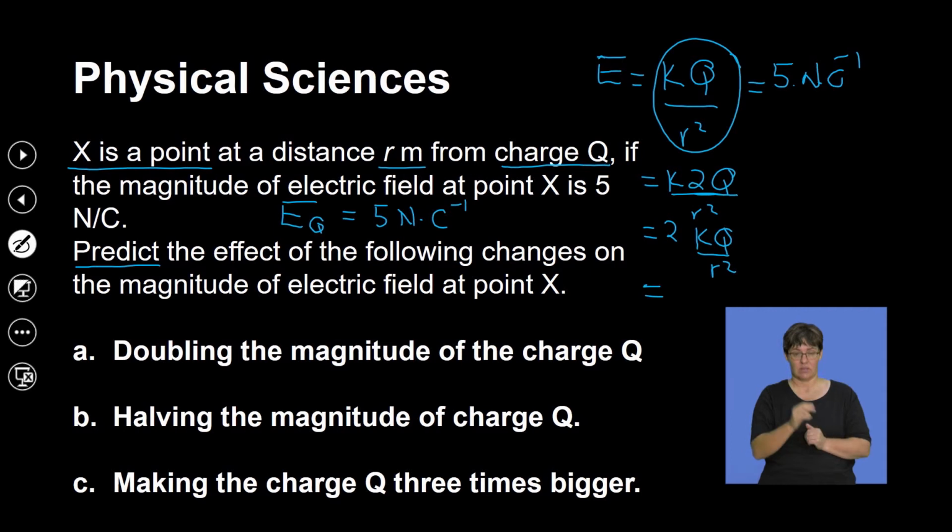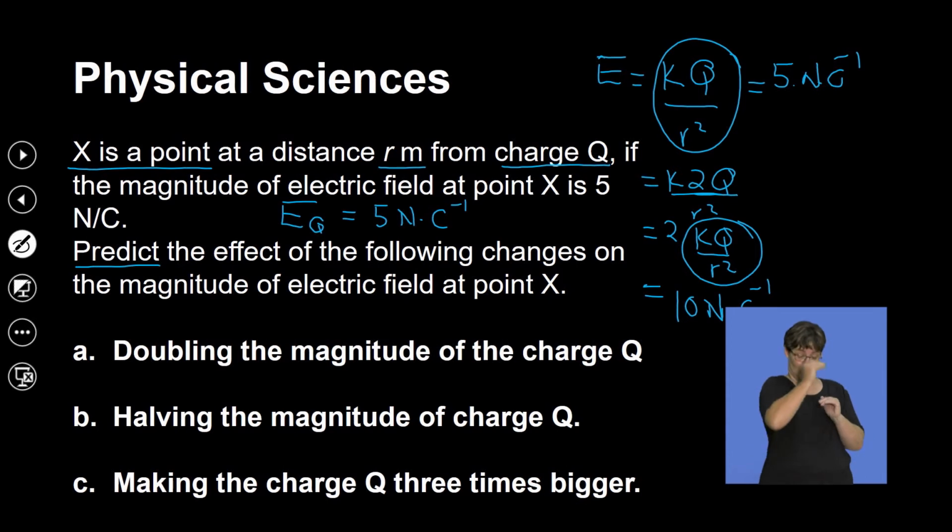So this is actually double 5 newtons per coulomb, which is equal to 10 newtons per coulomb in terms of the magnitude. So once we double the magnitude of the charge, a bigger magnitude of charge at the same point will have a stronger electric field at the same point, right? So that's exactly what we're talking about.